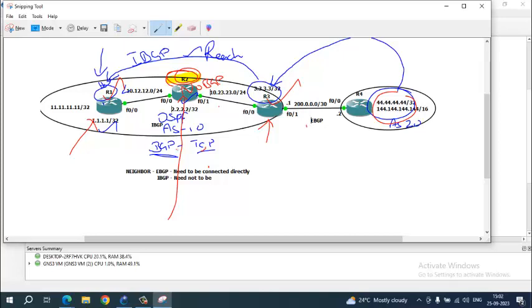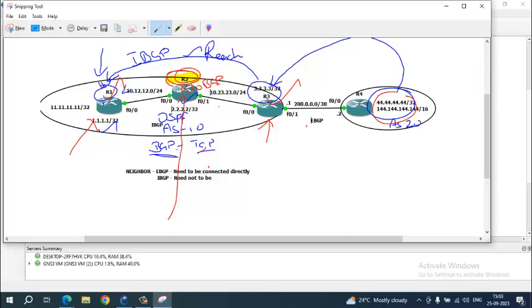Sessions will not be maintained. The session is between R1 and R3 when you are doing telnet, isn't it? So telnet packets are not processed. It is just treated as a transit packet. It routes the packet from left to right and right to left, that's all. But who is processing the telnet? R1 and R3.